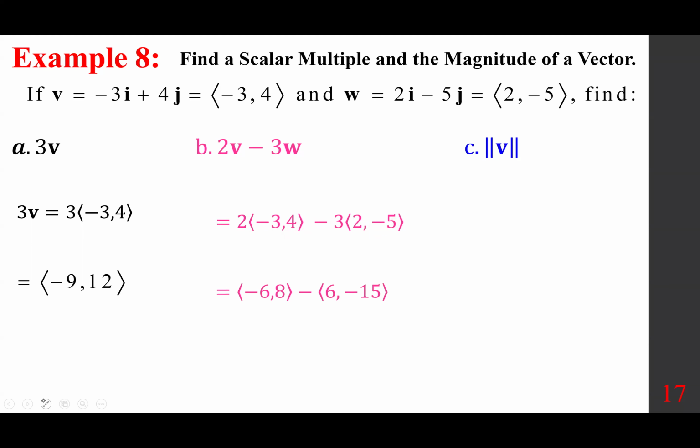And now this means plus minus 6, positive 15. If we add negative 6 and negative 6, we get negative 12. And we add 8 and 15, we get positive 23. So that's pretty straightforward, everybody.